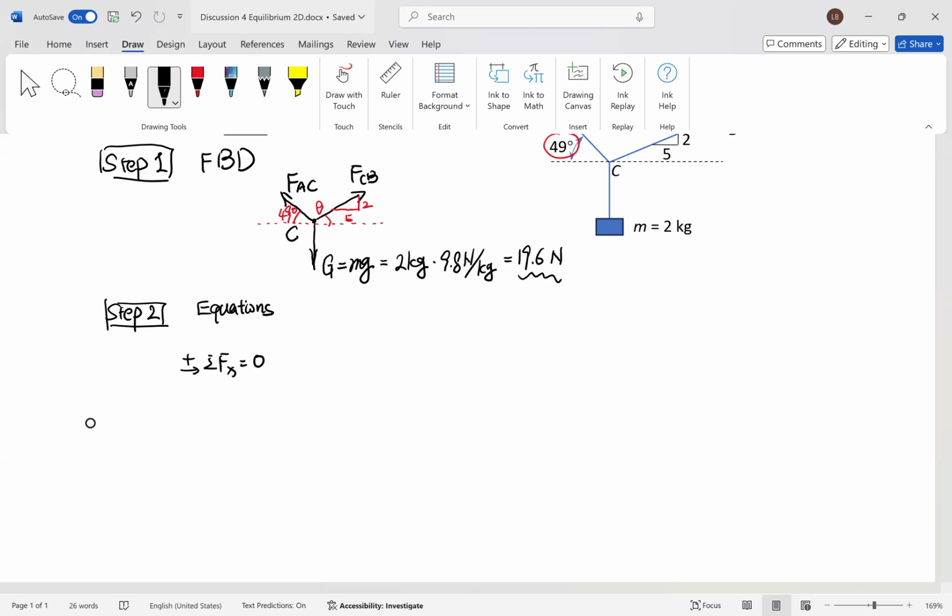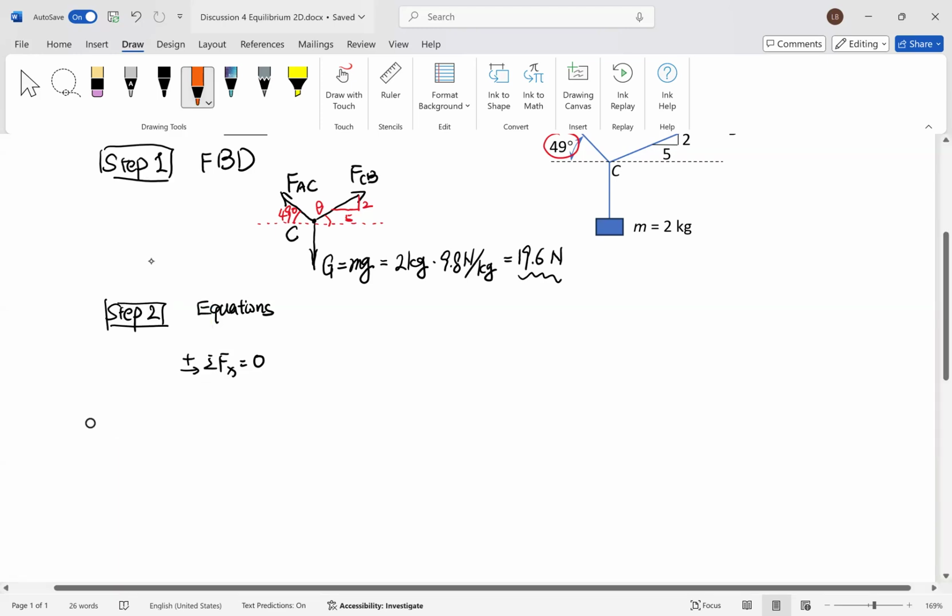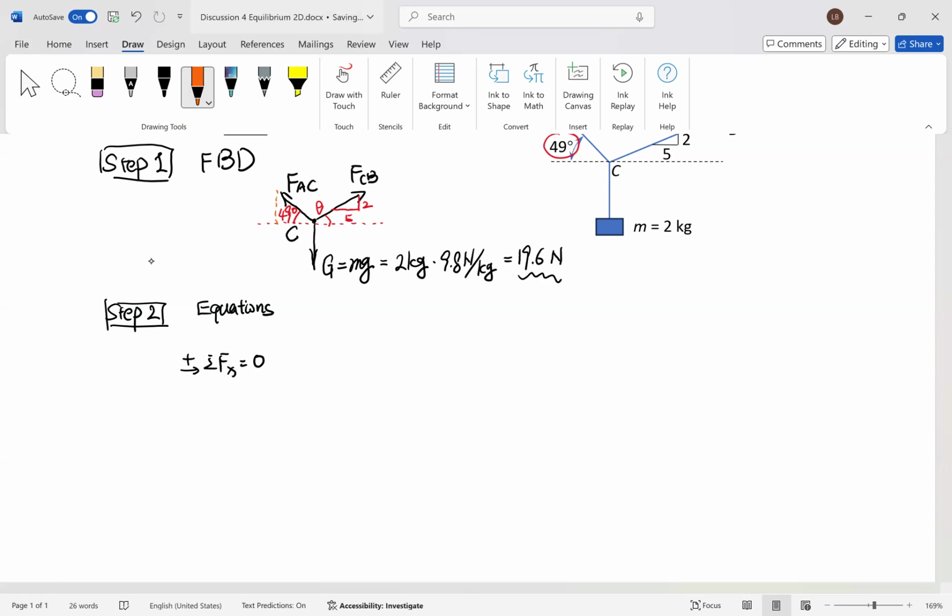What we need to do is break forces down into components, right? Because in our equation we need a summation of forces along the x direction, so we need to decompose forces into components, and I'm going to use another color here. First, draw a line from the tip of FAC perpendicular to the horizontal direction.